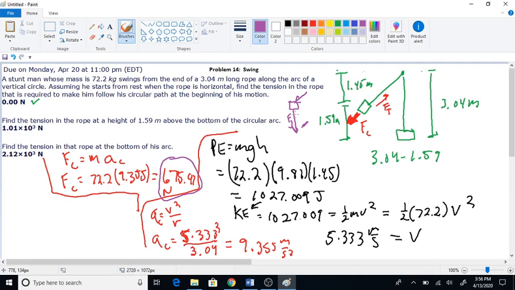This has to be the hypotenuse. So what we're going to do is make a triangle like this. So I'm going to redraw this. We're splitting gravity. So gravity is straight down, and we're splitting this piece into this and this piece.